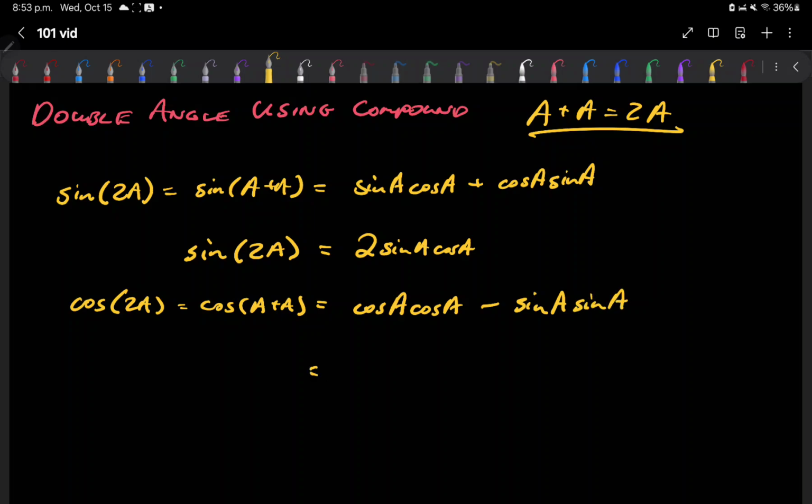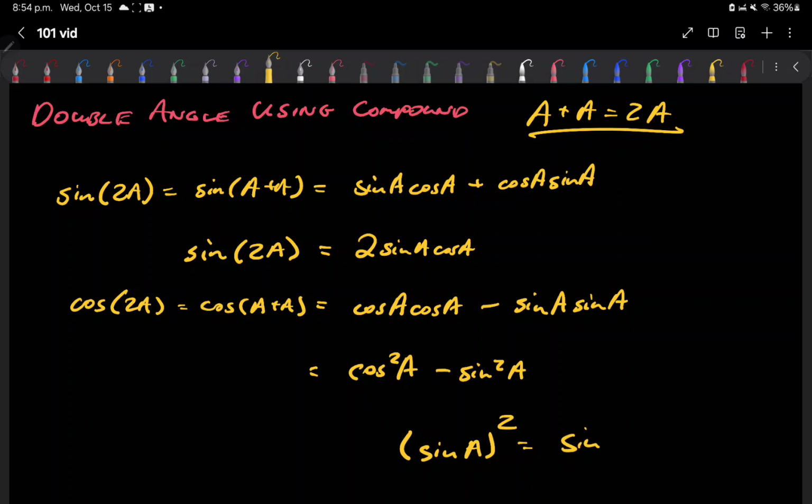So here we have cos A times cos A. So that is cos A squared, which is cos squared A, minus sine squared A, because sine A all squared is written as sine squared A. So remember that, don't mix them up. Never expand a trig identity, never write it out. You can write it out like that, just don't square it wrong.